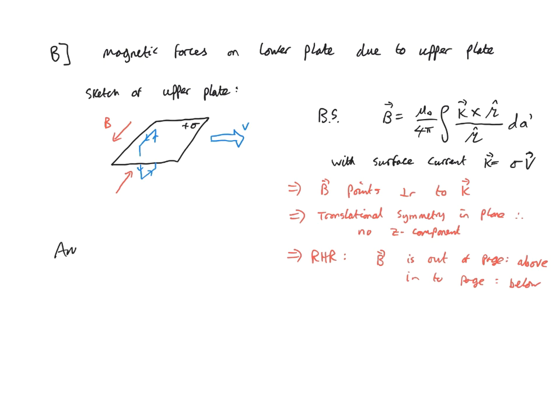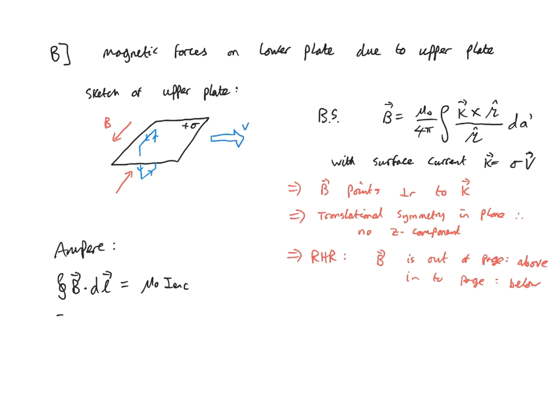So we use Ampere's law. We have the closed loop line integral B dot dl, and this is going to equal the current enclosed. Okay, very good. What about the left-hand side? Well, we can do this integral.